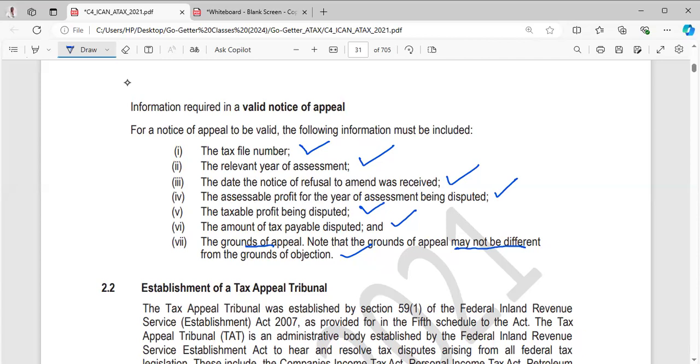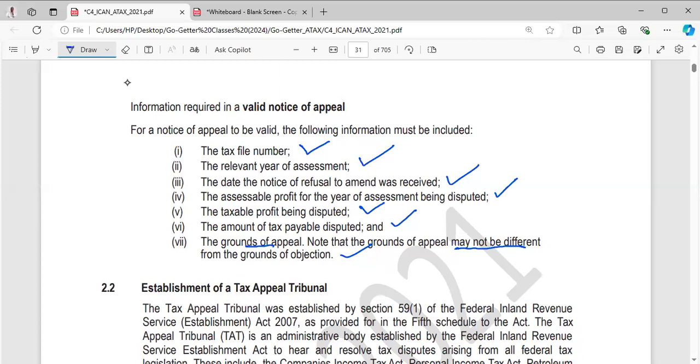You are also not going to agree. Then what should you do? You file your objection. This time around it is called an appeal to the tax appeal tribunal. We've seen the information required in an objection letter, that is, an appeal letter or appeal notice or notice of appeal. The other one is the objection notice.